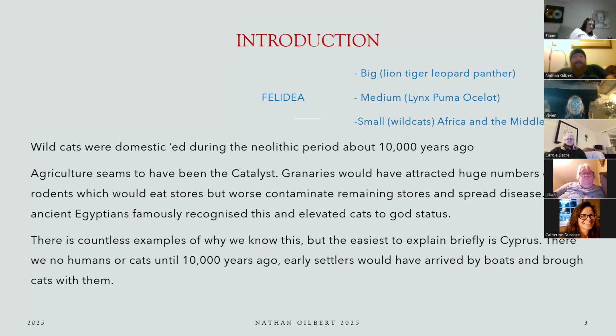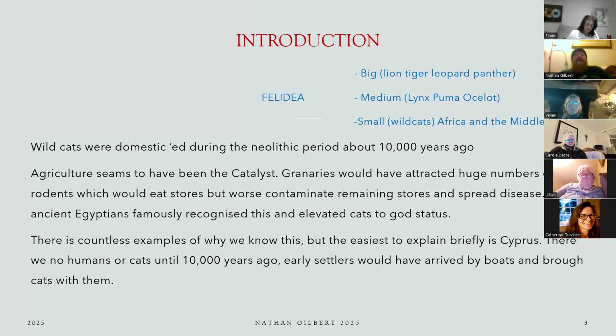Species of cats. So cats have been around as long as there's been mammals. We have three subsets of cats. The large, which would have had the sabre tooths and things that are now extinct. We've got all the big cats that are alive on the planet now.